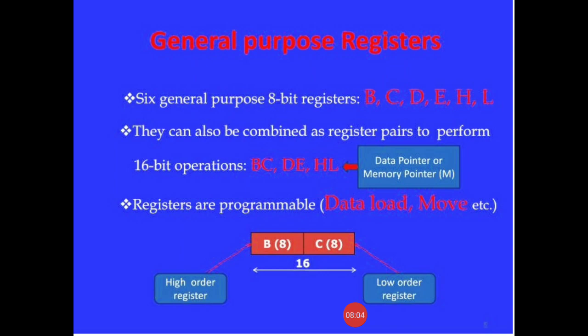Now, HL pair also functions as a data pointer or memory pointer. It holds the 16-bit address of a memory location. These are also called scratchpad registers, as the user can store data in them.